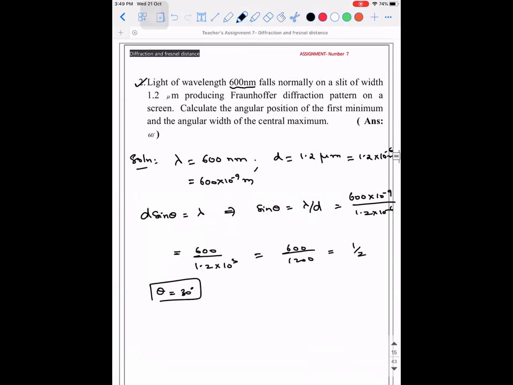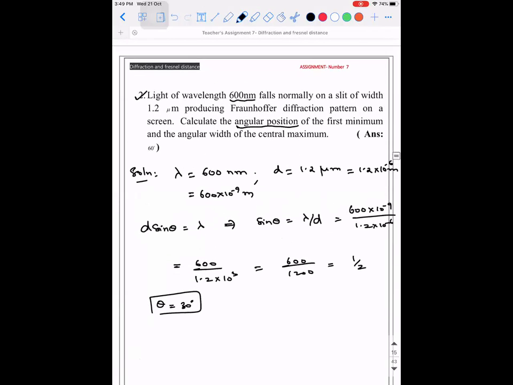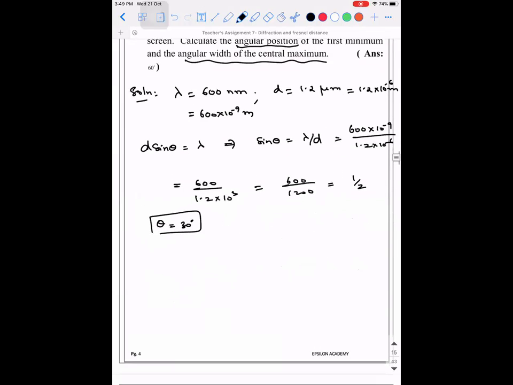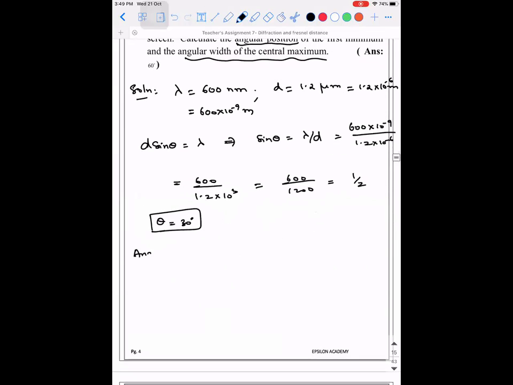So that is the first angular position. And they're asking the angular width of the central maximum also. Angular width of central maximum is two times the angular position of the first minimum. So 2 into 30 degrees, it will be 60 degrees.